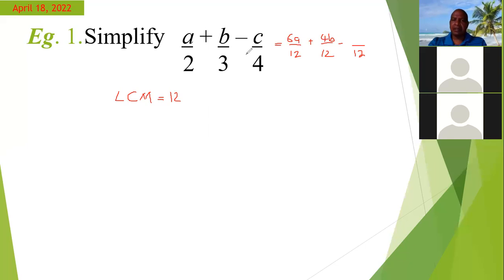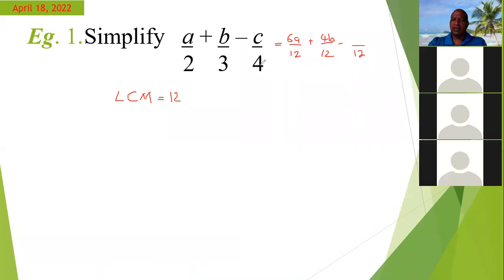Multiplying the C by 3. Is it 3? So we say 4 into 12 goes 3 times. So we multiply by 3, and we get 3C over here.